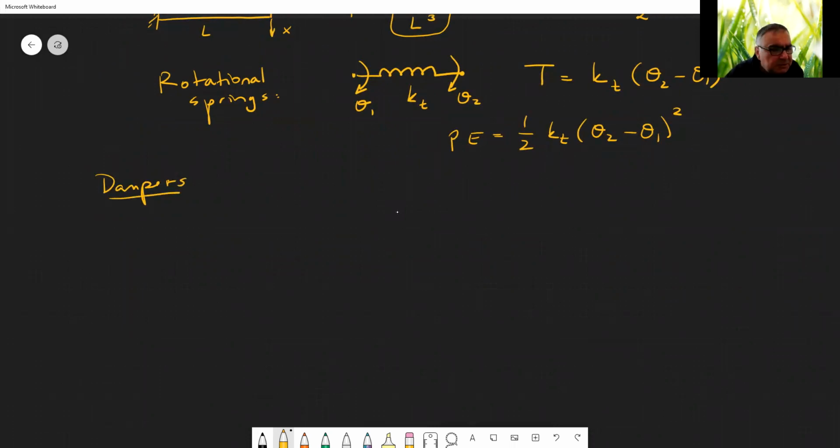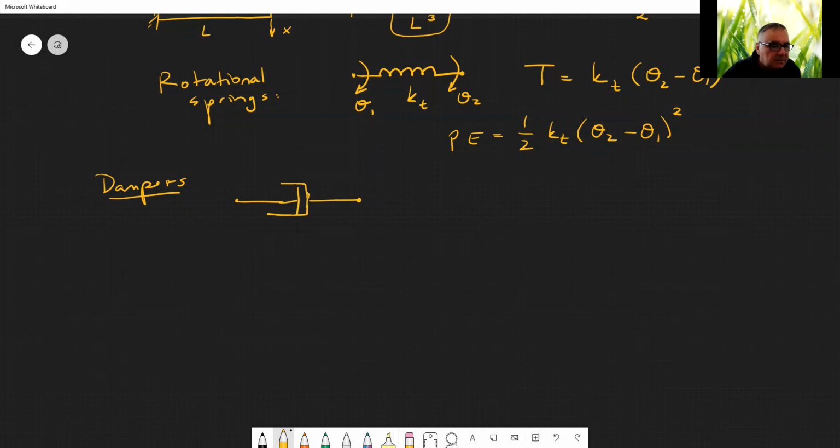Dampers, dash pots, dissipators, etc. are modeled by this kind of a figure. Well, we assume that these are energy dissipators.